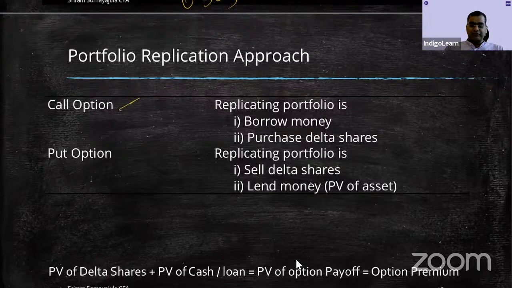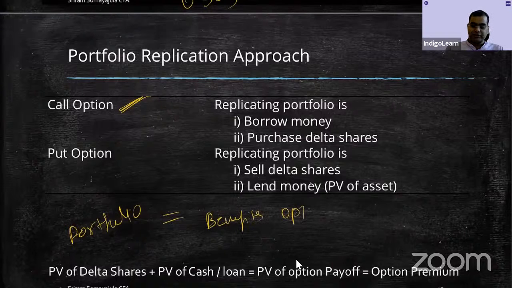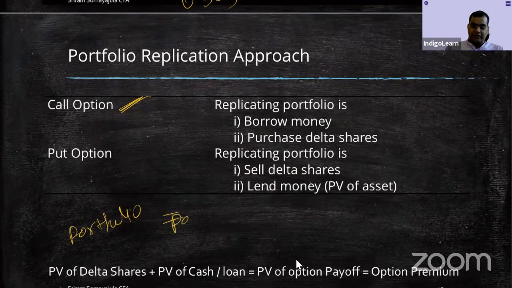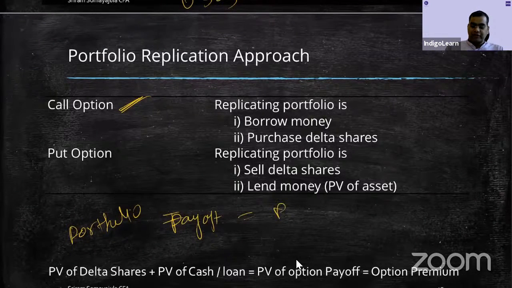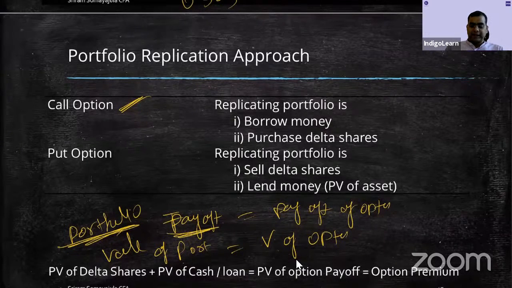In a call option, if you create a portfolio whose payoff equals the payoff of the option, then the value of the portfolio is equal to the value of the option.